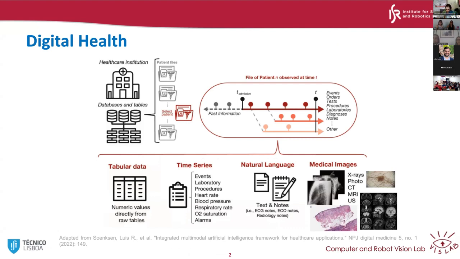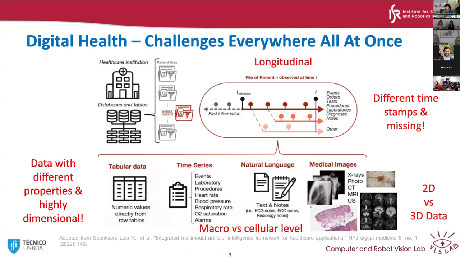Our field is that of digital health, where we have a healthcare institution with a database of patients. So we have the history of the patient and multiple kinds of data with different characteristics. Basically we have challenges everywhere all at once, which means that we are working with longitudinal data with different timestamps and missing information.